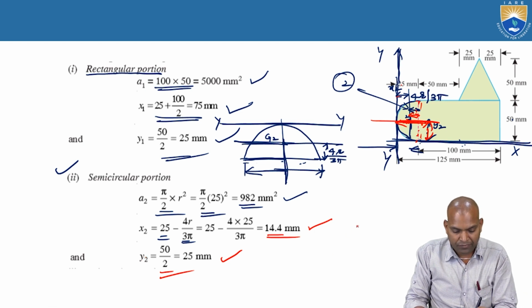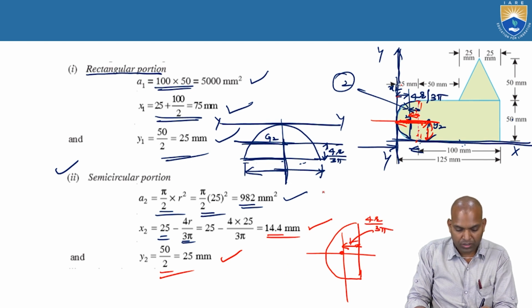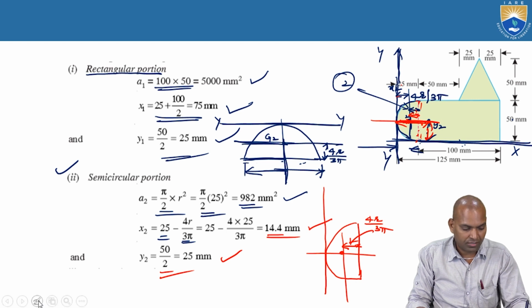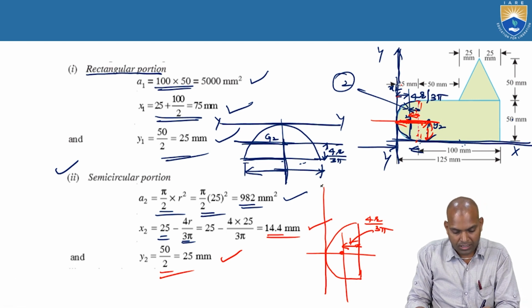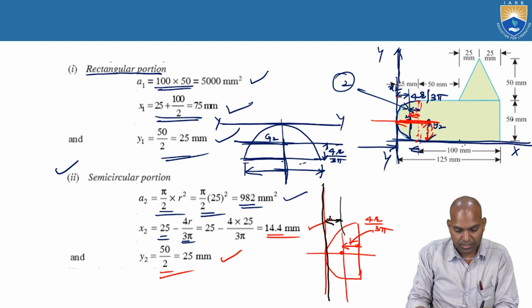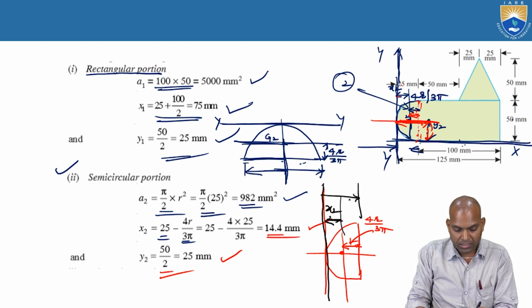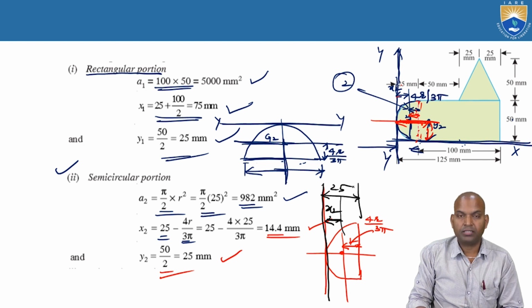Pay attention, very careful, very simple. The semicircle is like that. This is the portion, this is 4r by 3 pi. And this is our reference axis. We want this distance, that is x2. We know the total distance is 25 millimeters.